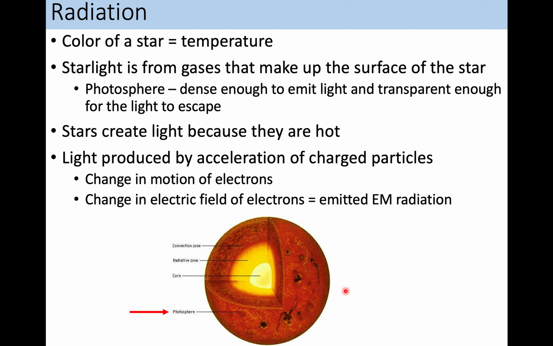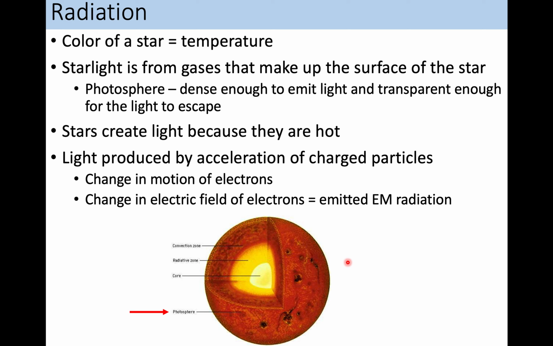So stars are creating light because they're very, very hot. That light is produced by the fact that all of the particles in the photosphere are accelerating. The acceleration of all of these charged particles is going to cause motion, changes of motion, and changes in the electric field of the electrons and the emitted electromagnetic radiation.